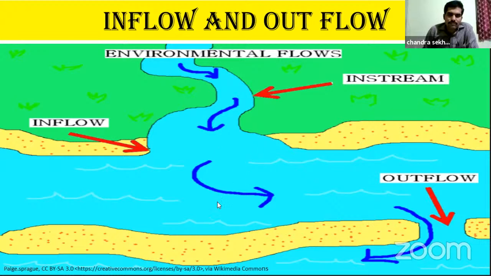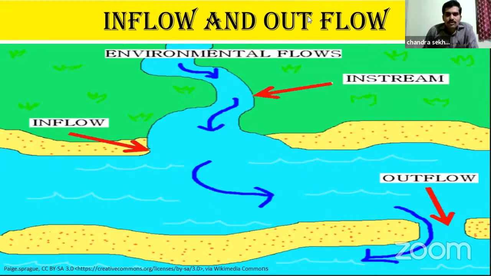At the same time, as we discussed earlier, water is a flowing resource, it's not constant. So some of the water flows out from your village to another village. Here the red arrow mark shows the water going out from your village, this is called outflow. The water which is coming into your village is called inflow, and the water which is going out from your village is called outflow.